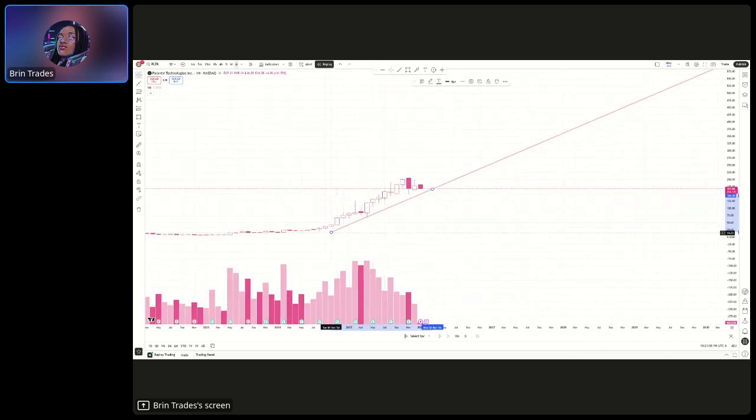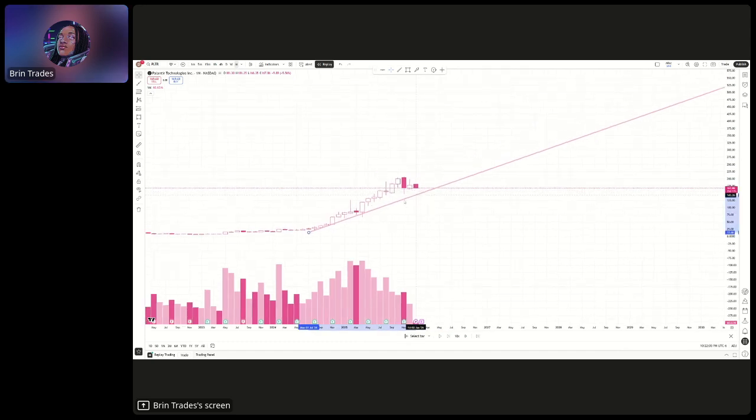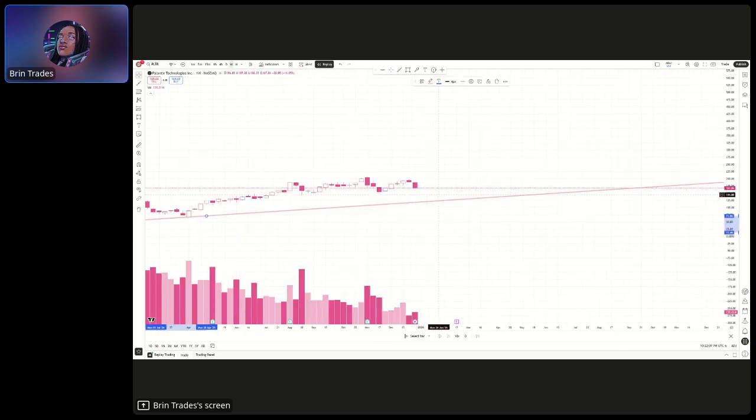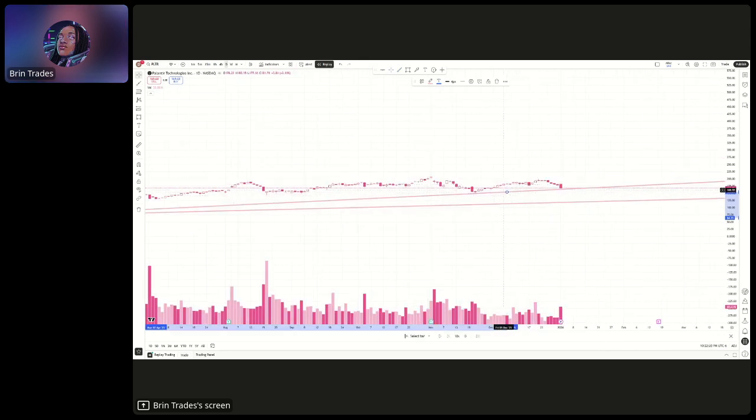But let me start from this zone to this zone. Move on to the weekly. Into the daily, 4 hour.